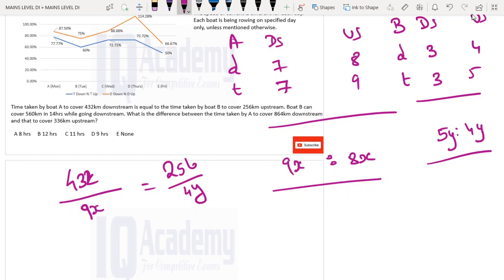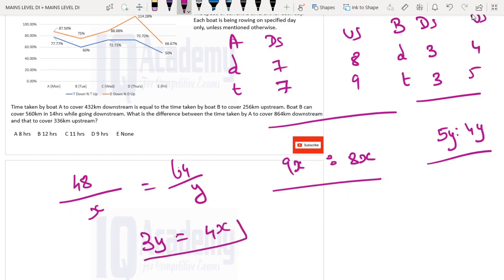If you solve this, 432 divided by 9 is 48, and 256 divided by 4 is 64, or you can write 3y equal to 4x. So that is the relationship between x and y.